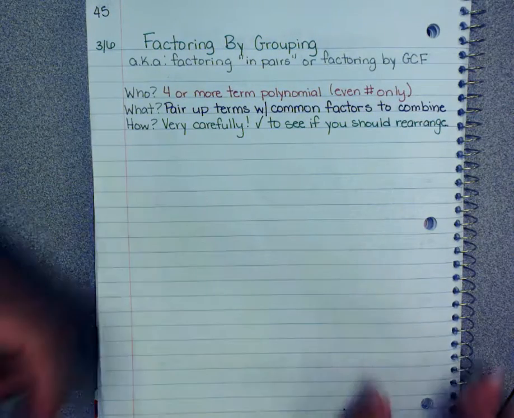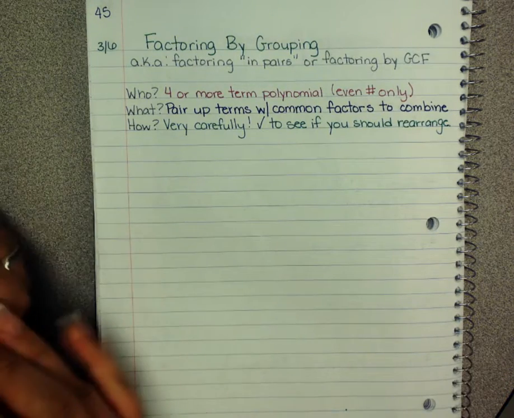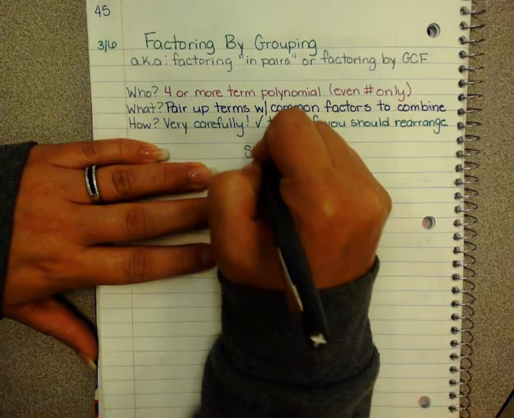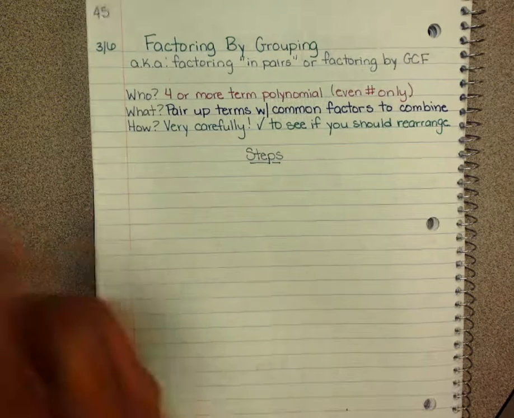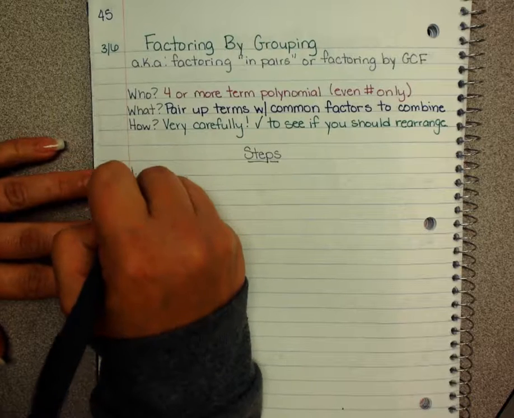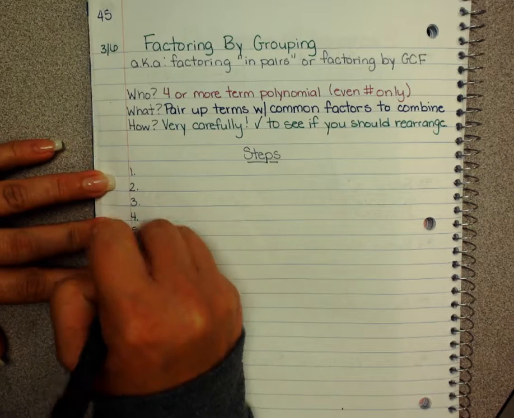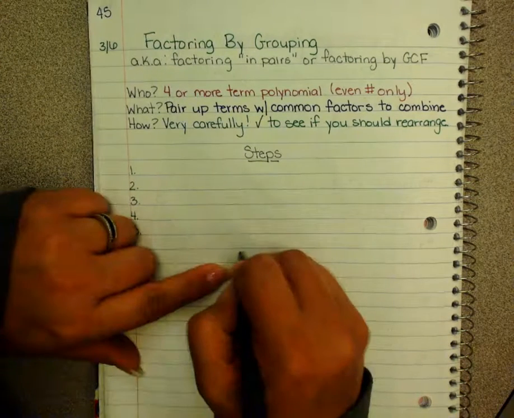Because we didn't have a folder for this page, we are going to set it up like the foldable. We're going to skip a line and write steps. We're going to count down our steps. We have 5: 1, 2, 3, 4, and 5. Skip a line, and then we're going to have our example.